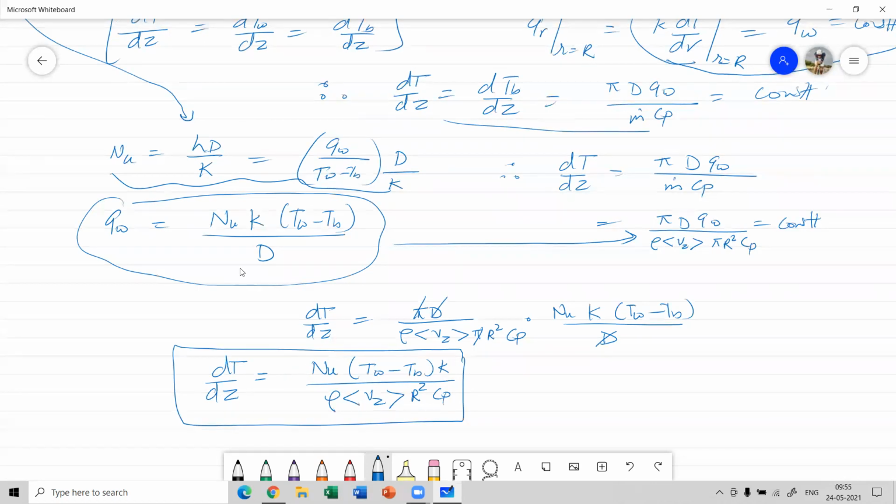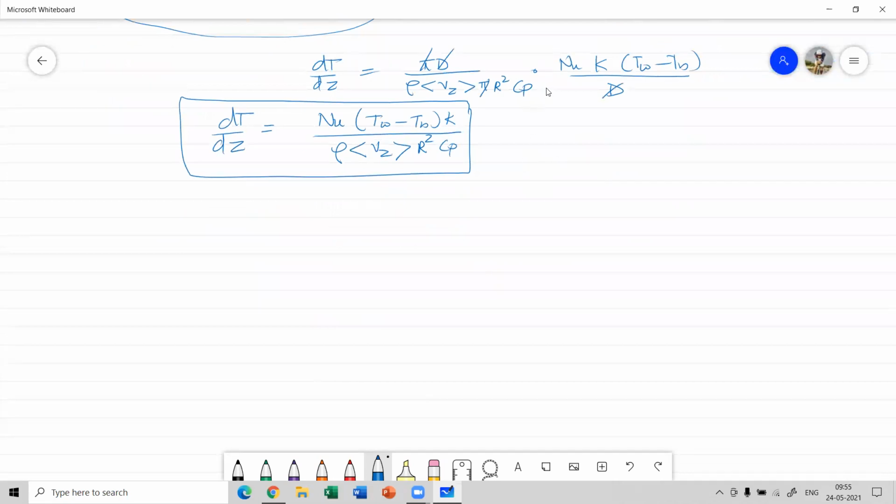Now, if we recall, for Peclet number less than 1, the convection part in the z direction, that is rho Cp Vz into dT by dz, and the conduction part in the radial direction.